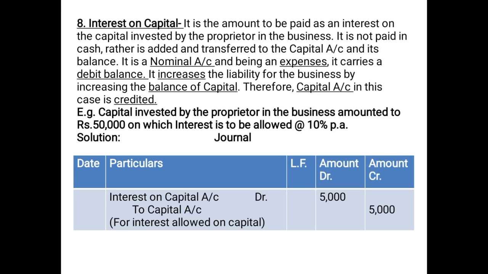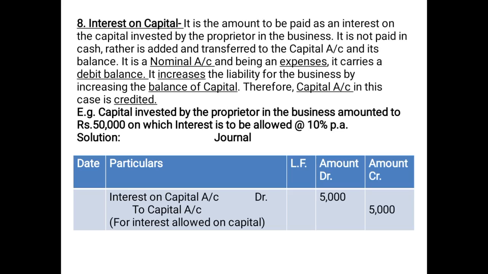On the other hand, it is not paid in cash, rather it is added to the amount of capital. Therefore, we will not credit cash, rather we will credit capital, because when this interest on capital is added to capital, it increases the capital balance, and capital is a liability. So this interest increases the liability, and we know the rule that liability carries a credit balance.